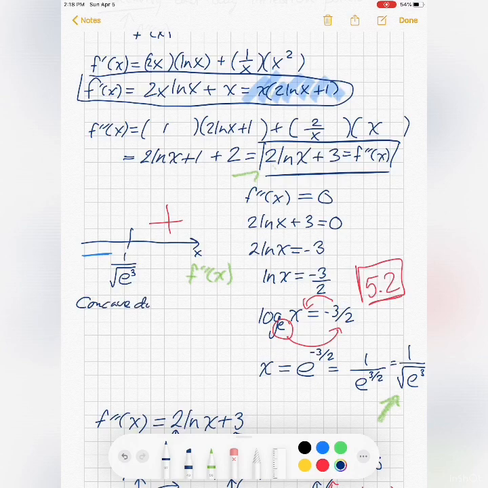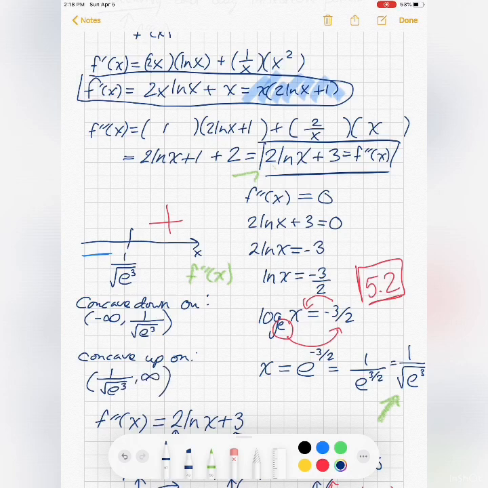Concave down, and concave up. Okay, and then what about inflection points?